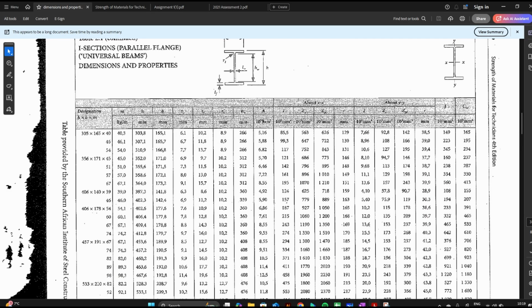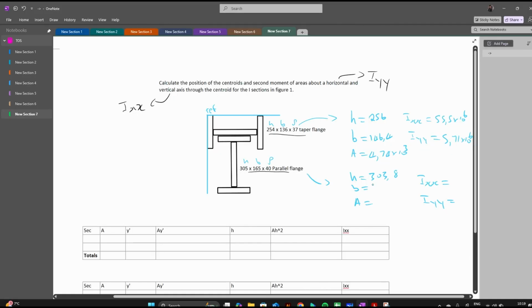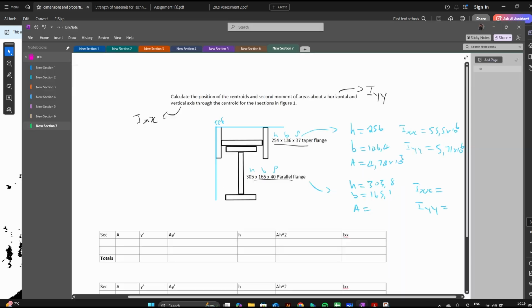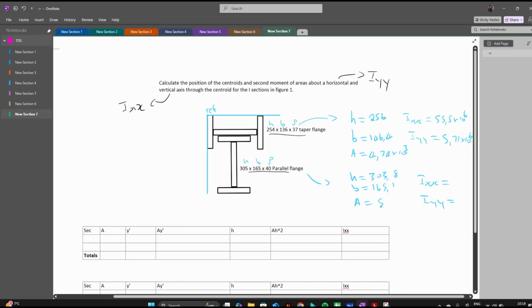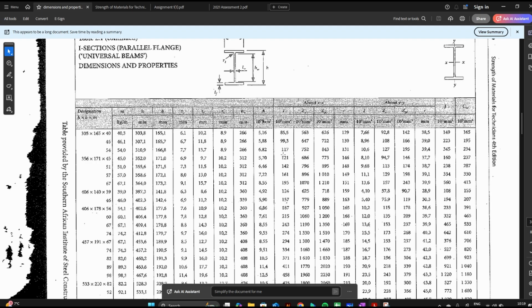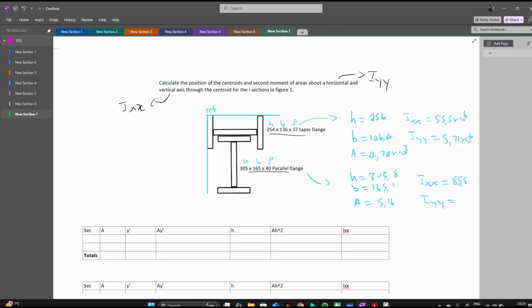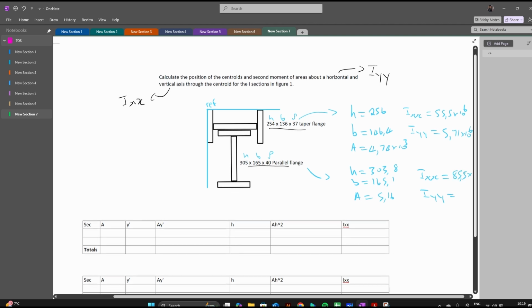Our B is 165.1, and our area is 5.16. Our Ixx is 85.5 times 10 to the 6 there.